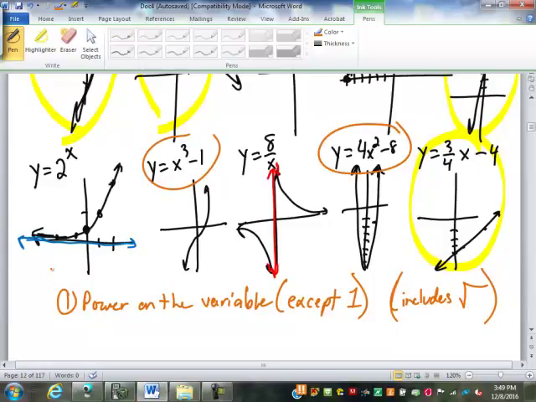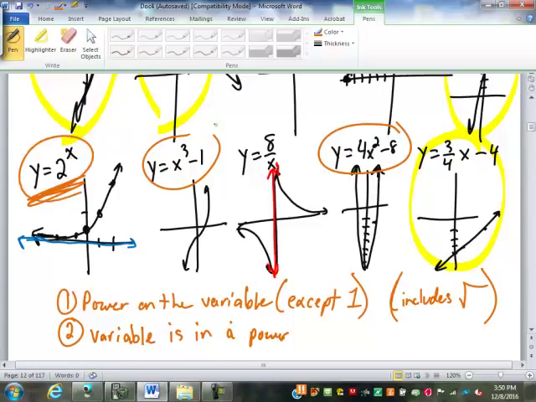How about, is this one number 6 here? What's going on there? Where is the variable there? Variable is in a power, yes. The variable is the power. It's 2 to the power of x.